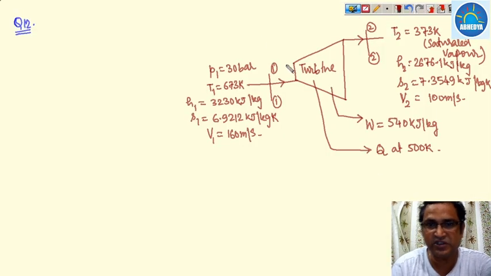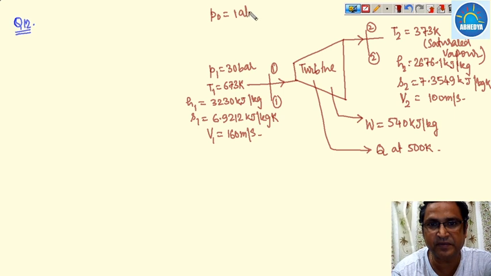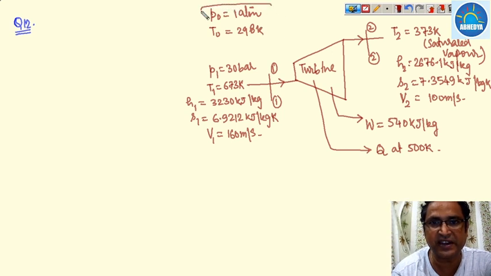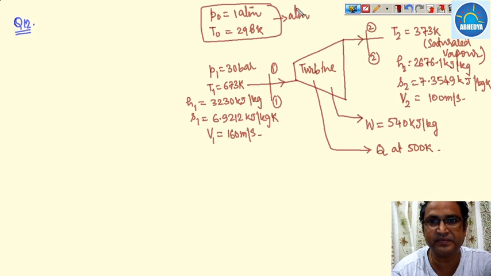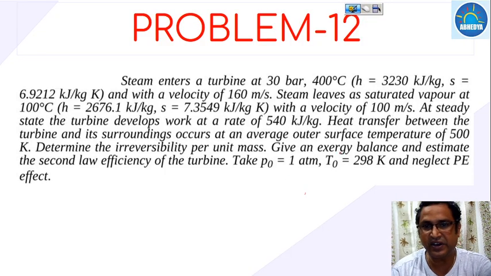So now I am just writing P0 is 1 atmosphere and T0 is 298 Kelvin. That is your atmospheric condition. First thing, and now what we have to calculate? First we have to calculate the irreversibility per unit mass.